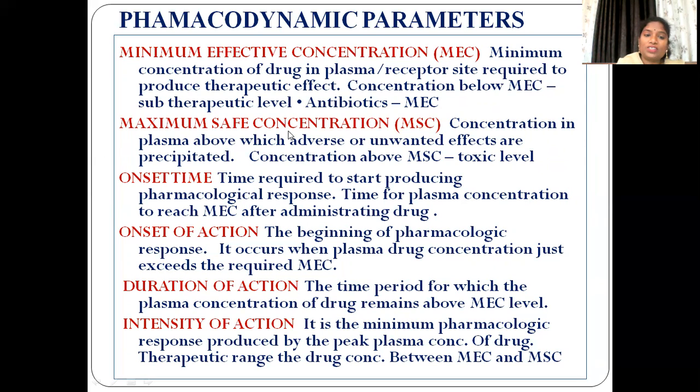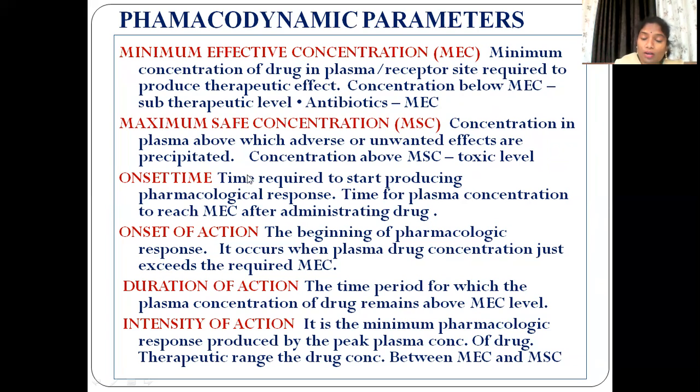And the maximum safe concentration is the concentration in the plasma above which adverse and unwanted effects appear. Above this level it will show toxicity, and below this level is the maximum efficacy of the drug. The concentration above the MEC level we call the toxic level.